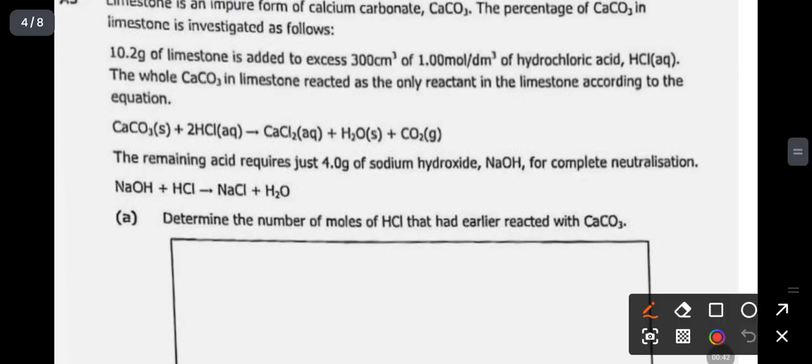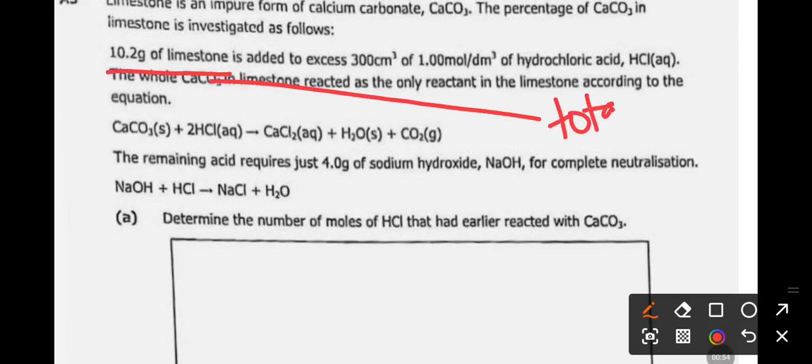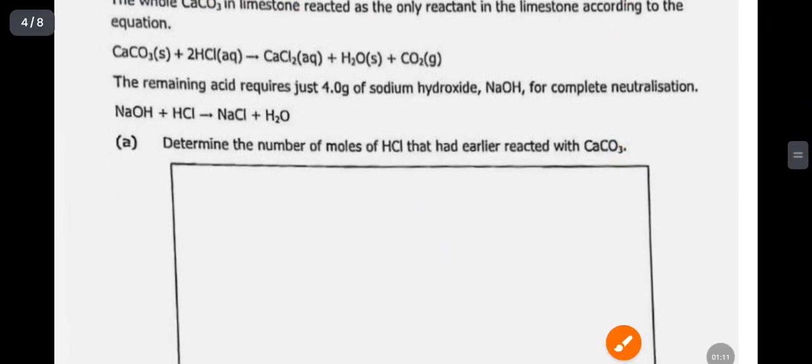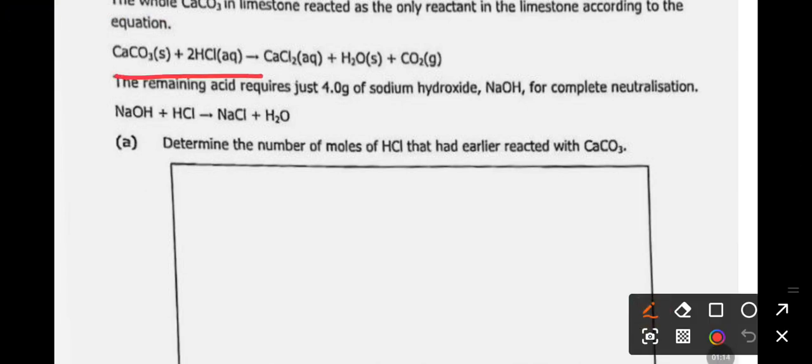Right, so here we are given this statement, 10.2 grams of limestone. So this means that this here is the total mass of the substance. So what we are remaining with to calculate the percentage purity is the mass of the pure substance, and we can easily get this. Remember, in this reaction we calculated that the number of moles of HCl was 0.2 moles.